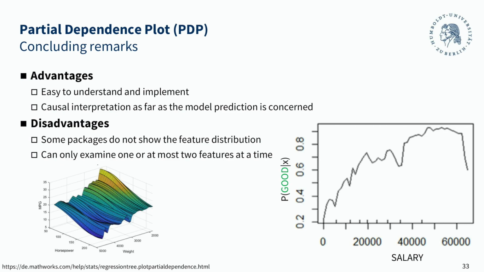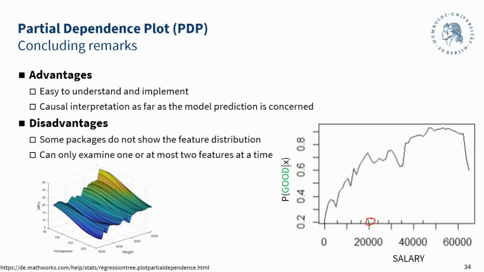So this little guy here, you could read it as, in the actual data, one of the observations had a value for salary of 20K. This is how to read these things. And you typically do notice that there are sparse areas, like here. In these sparse areas, there is very little data available. Very few observations have feature values where salary is something like 60,000.